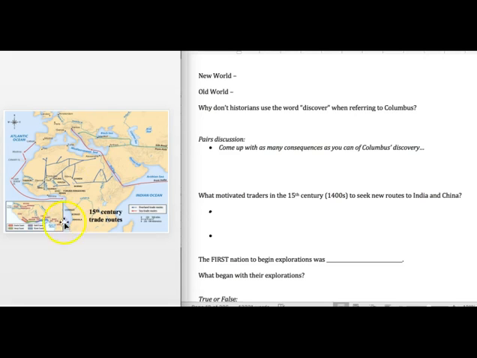Right here, I talk about what motivated traders in the 15th century to seek new routes to India and China. They know there are two things, and they have to look for them. Most students would say traders sought new routes to India and China and leave it at that, because they like to focus on the what. I'm trying to get them to focus on the why and the how.